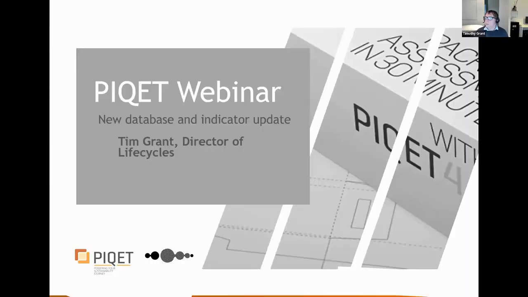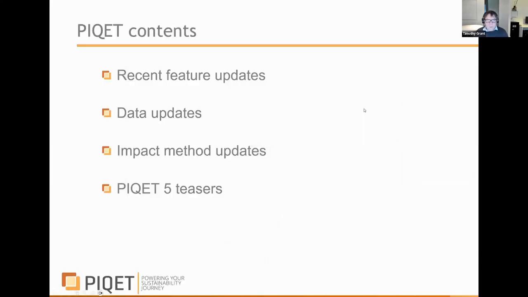Thanks, Kat. Okay, let me just share my screen. It's been a while since we've had an update webinar, so we thought we'd start that as part of this webinar series.